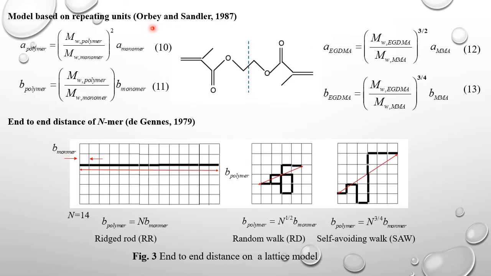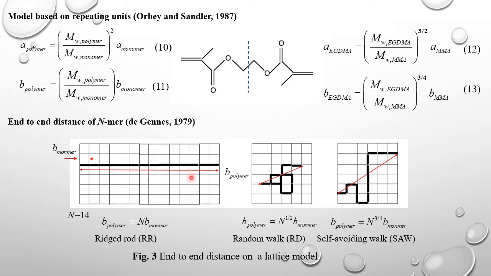Besides that, Orbe and Sandler 1987 was an extension to the Peng-Robinson equation of state, which is equations 10 and 11. By considering the polymer chain, we modify the equation with the scaling concept proposed by Dejean in 1979.